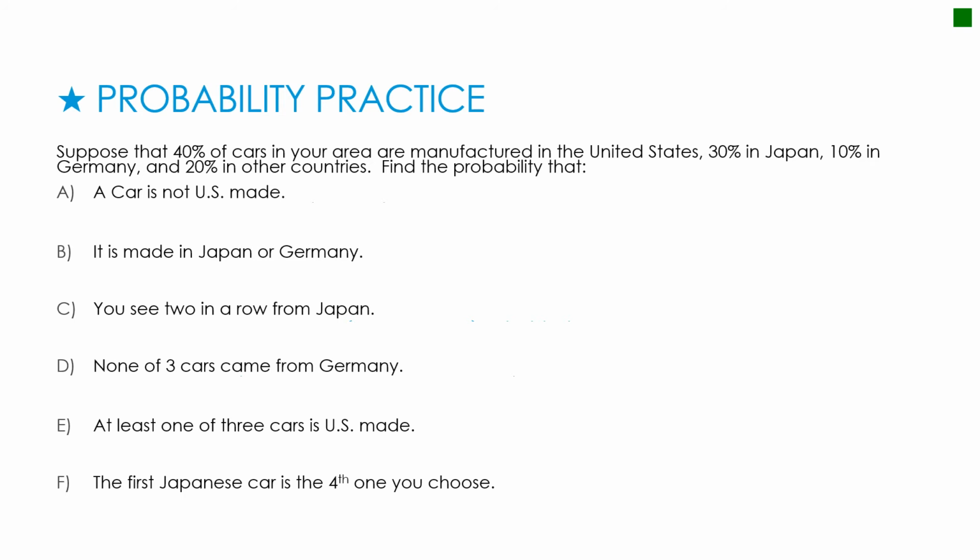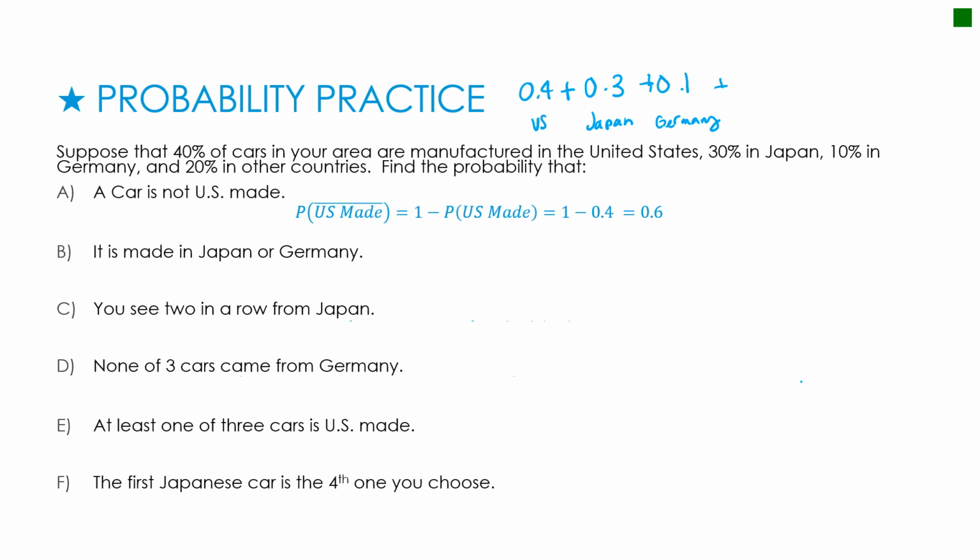So here's my practice. And again, right before I start, I'm going to make sure the probabilities add up. 40% is US, so 0.4 is US, 30% is Japan, 10% is Germany, and 20% other.